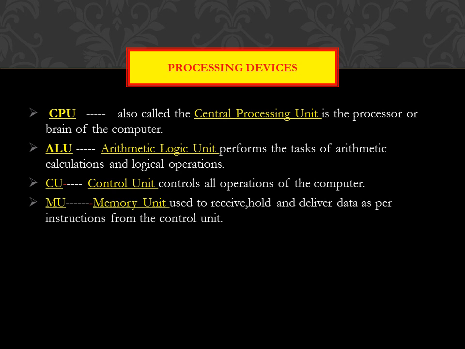Now what is the function of the control unit? It controls all the operations of the computer. And third is the memory unit. The memory unit is used to receive, hold and deliver the data as per the instruction from the control unit. So whatever instructions the memory unit is getting from the control unit, based on that it performs the operation on the data.